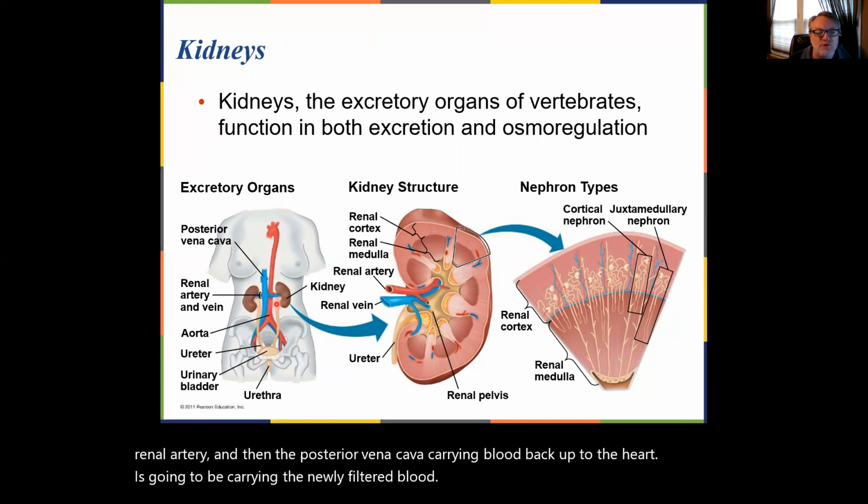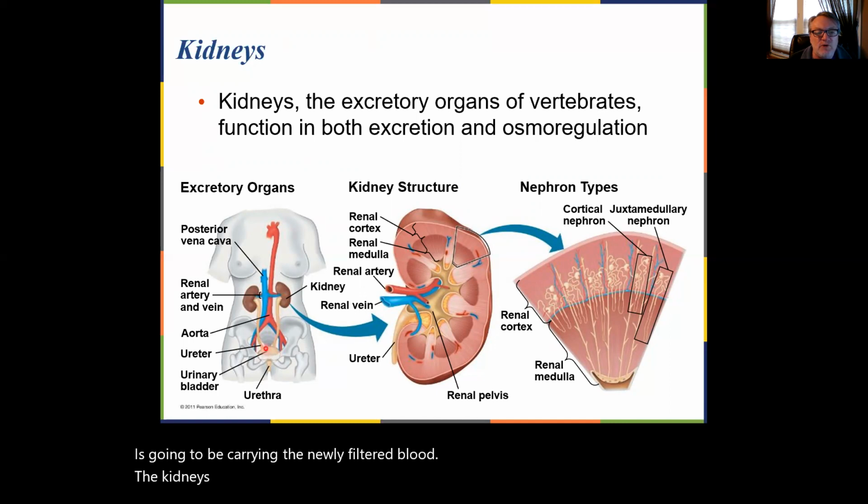The kidneys are draining into the ureters and the urinary bladder, and the urethra is how the waste material will be voided in the form of urine.